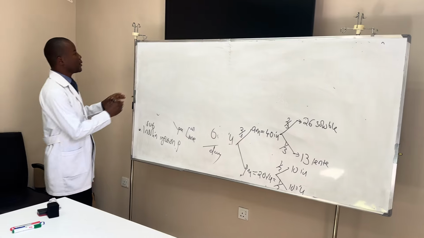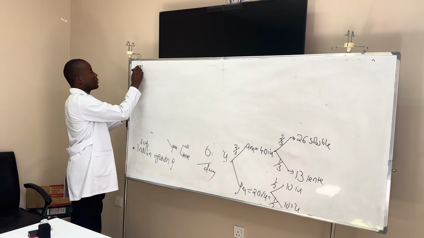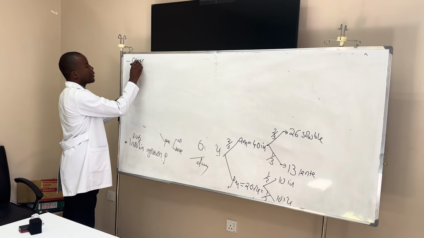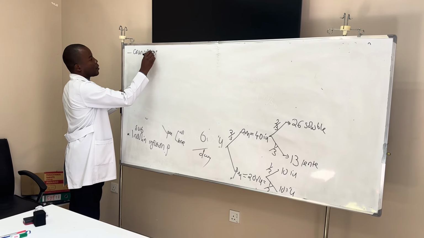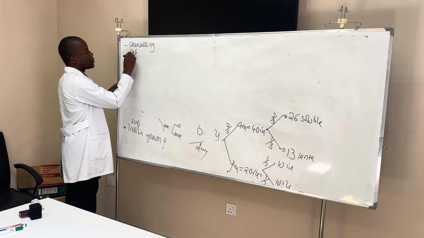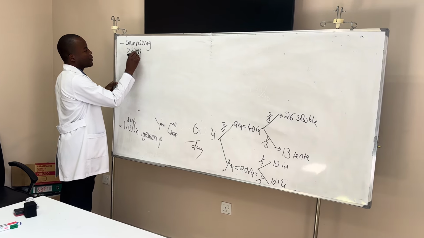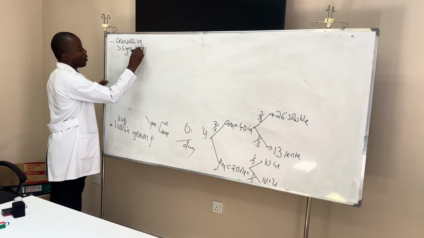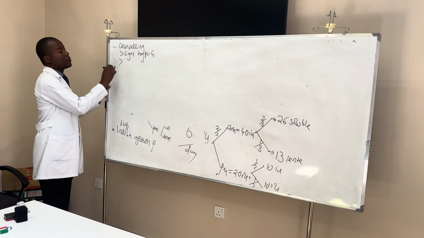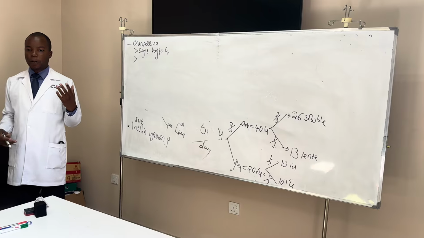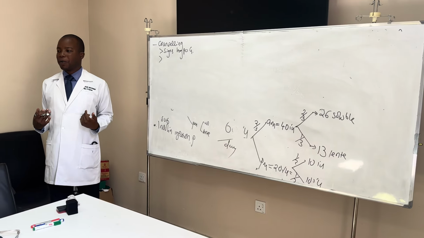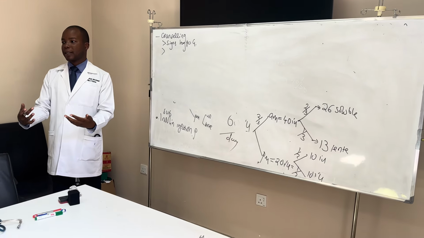Whenever we talk of insulin, we need to talk about counseling. Counseling on what? One, signs of hypoglycemia. So you tell them once you start feeling this, because this is a patient who was on oral hypoglycemics, so you're introducing a new drug.